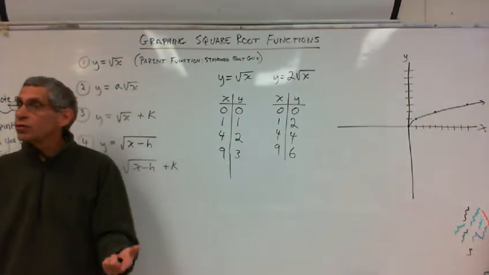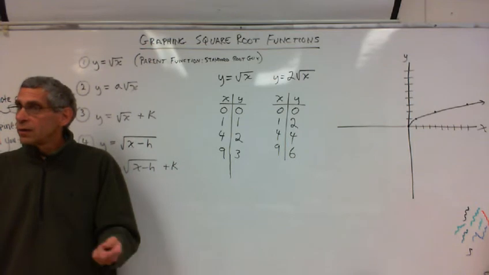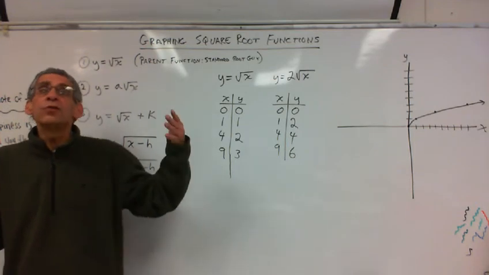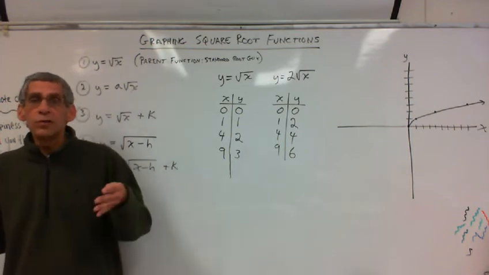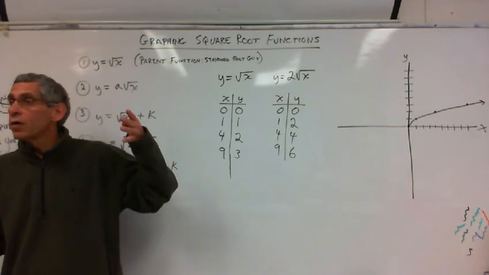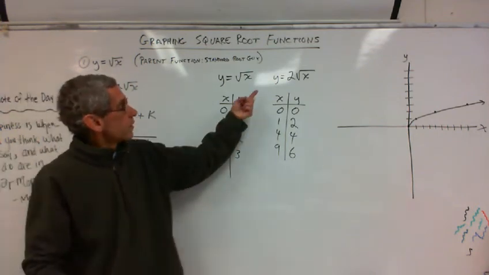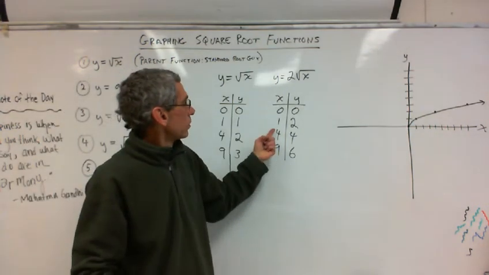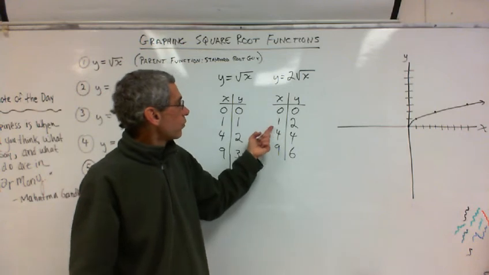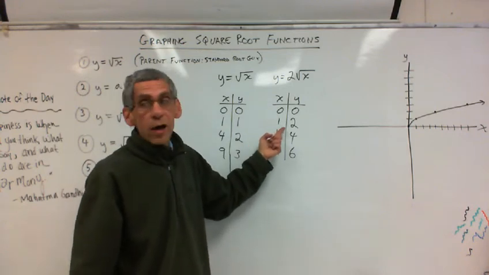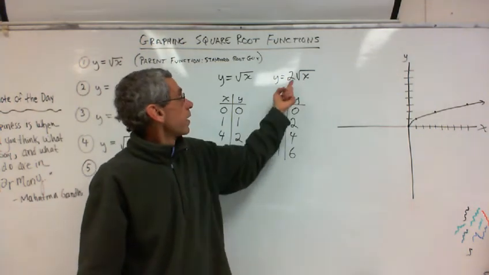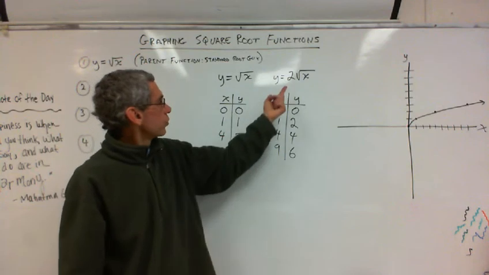That's just like y equals 2x squared. Remember that? Over 1 up 1 times 2. Over 2 up 2, over 2 up 4 times 2. This is now going to be this. Over, well, 0, 0. And then over 1 up 1 times 2, which is 2.